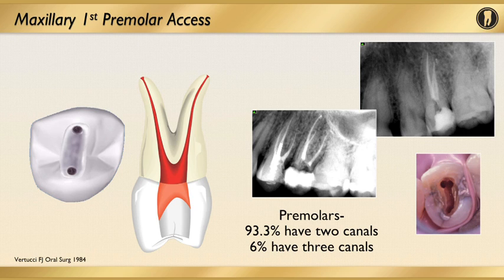Understanding that multiple canals and anatomical abnormalities can occur, we must enter all teeth that we treat endodontically expecting to find the unexpected. I tell my patients, I tell my students as well, always expect the unexpected until it's ruled out. So knowing the anatomical realities in some cases can be very important in the shape and design of your posterior endodontic access.